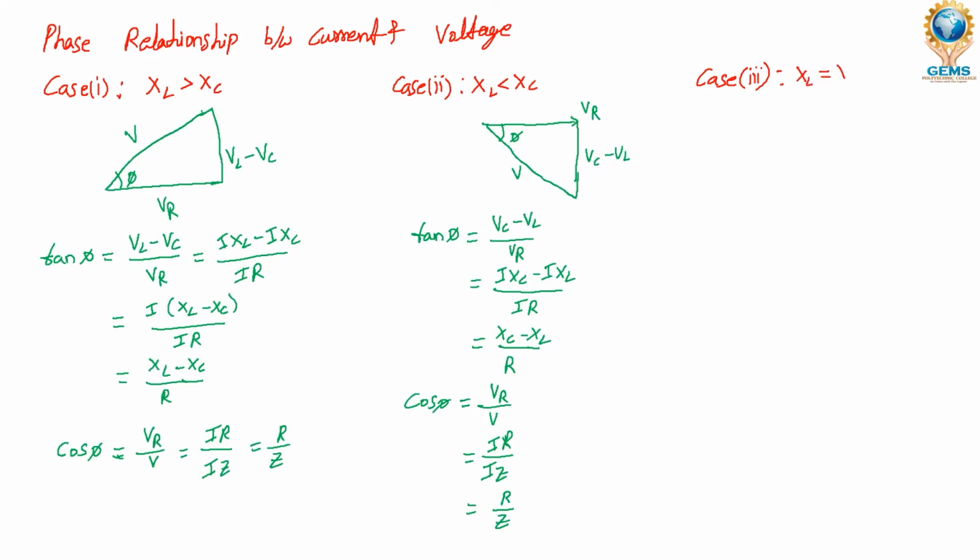XL is equal to XC. Here the impedance triangle is like this. This is the resistance. This is X, when XL equals XC. In this case XL equals XC, so here Z equals R.